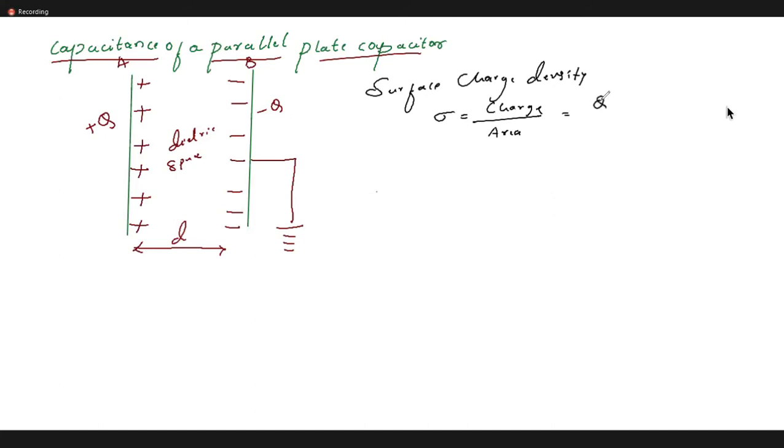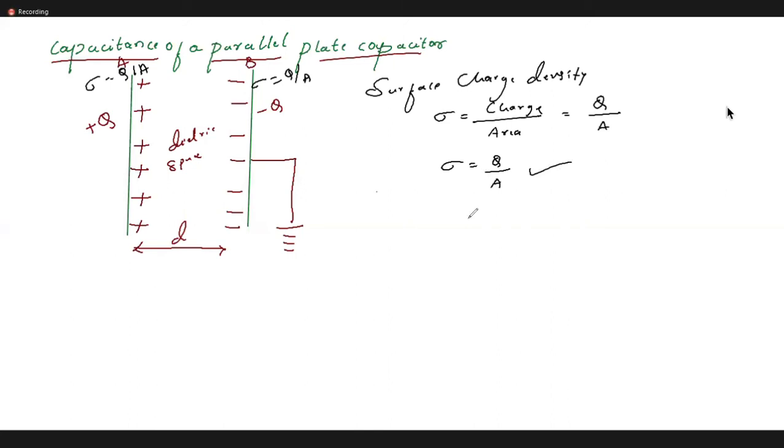The charge here is Q, and the area is A. So sigma is equal to Q by A. Here it is also the magnitude of charge by A. So on both plates, sigma is equal to Q by A. Then the charge on both sides is Q equals sigma into A. Is it clear, students? This is the surface charge density.